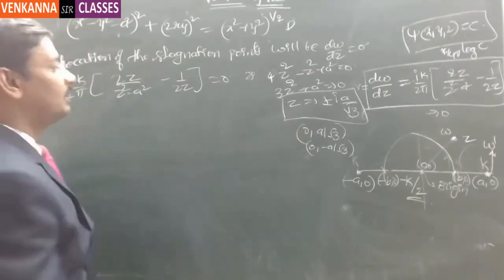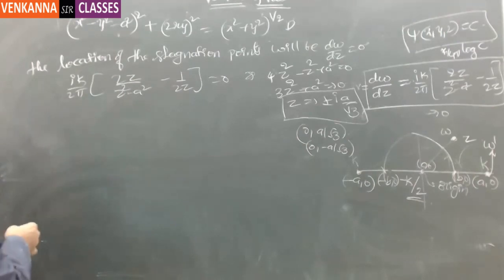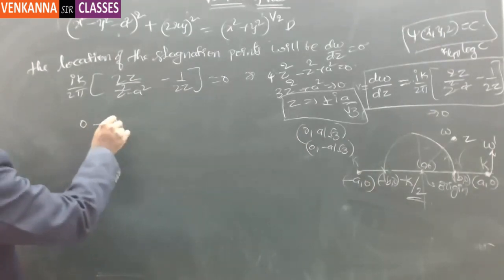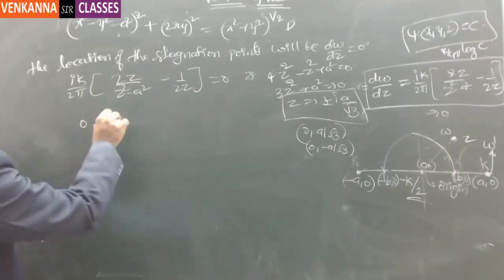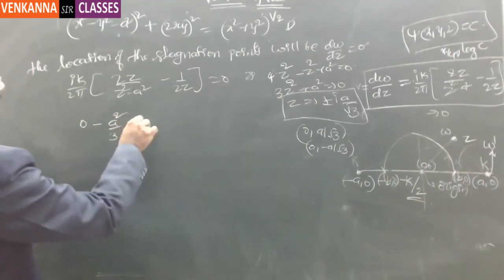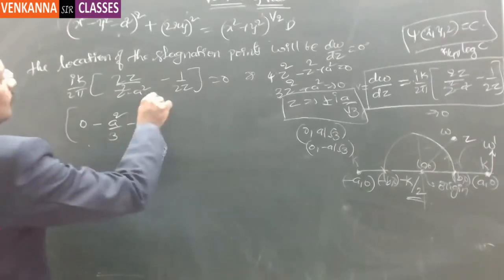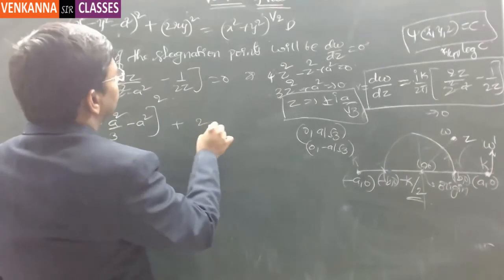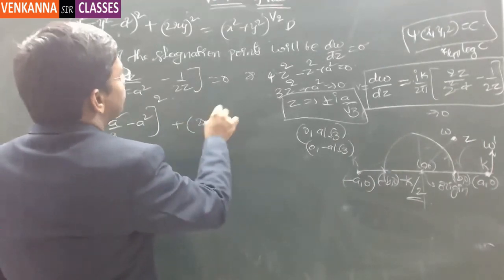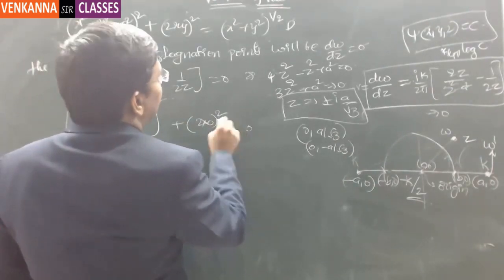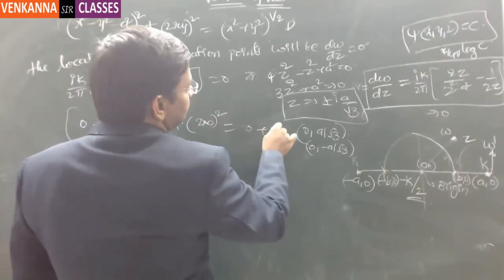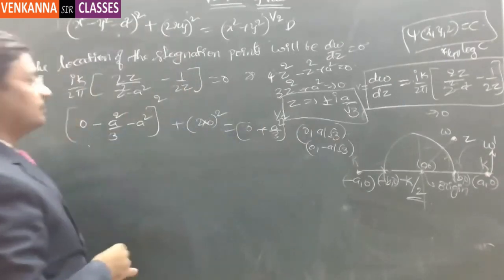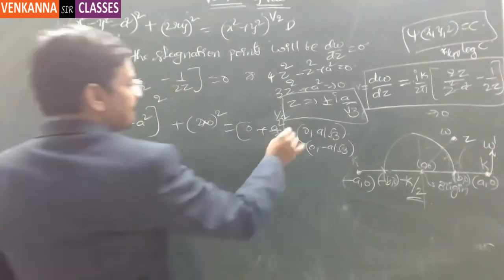So if I substitute there x is equal to 0 and y is equal to a by root 3, then a square by 3 minus a square whole square plus 2 times 0 whole square plus 0 equal to 0 plus a square by 3 whole power 1 by 2 into d.